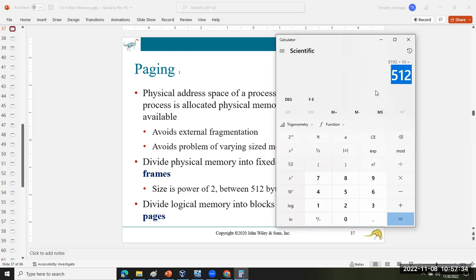Or I can have 16,770,216 frames of 1/2 kilobyte. Does everybody understand how I got that number? Basically just walking through some math. So that's quite a bit of variability when you think about it.